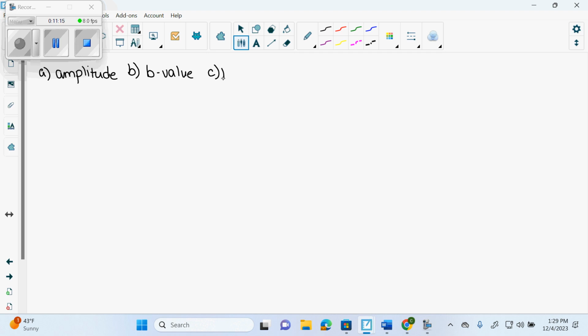I want the period. I want the median value. I want the midline. And I want if there is a horizontal phase shift.